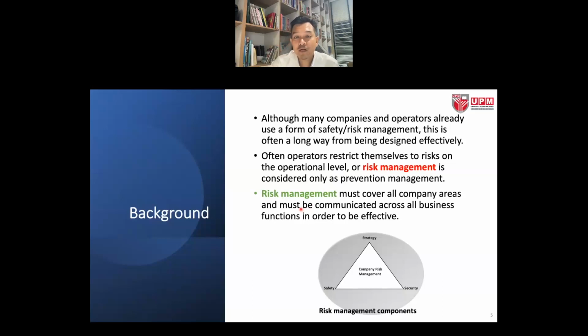So risk management must actually cover all company areas. It's not just a prevention tool, and it must be communicated across all the business functions in order to be effective.